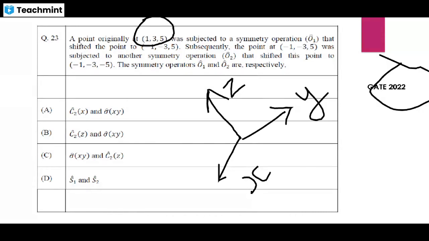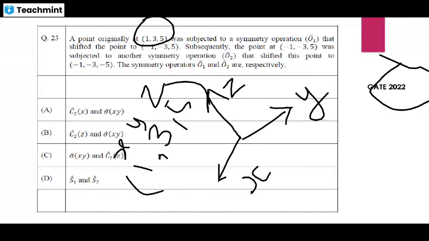It means x and y are changed, z is not changed. Take 1, 3, 5: this is x, this is y, this is z. After symmetry operation 1, you get -1, -3, plus 5, meaning x and y are changed but z is not changed.